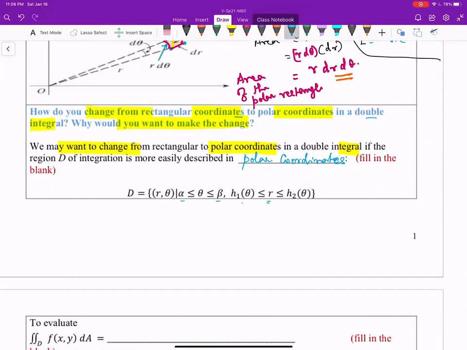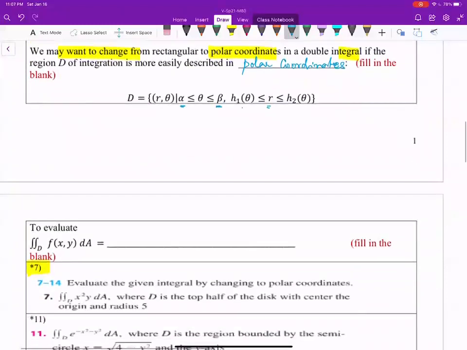So if D is r, theta, where theta lies between alpha and beta, and r lies between h1 of theta and h2 of theta, then to evaluate the double integral over D of f of x y dA, we change to polar the following way.